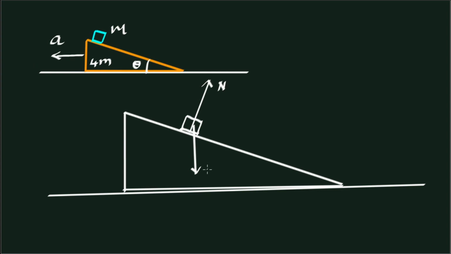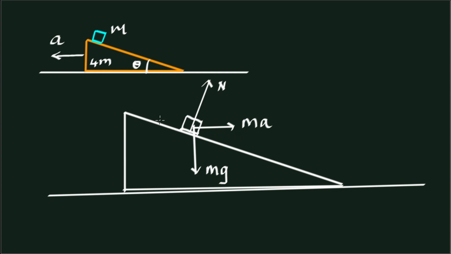So therefore, in this frame, apart from mg, we will see an extra gravitational field to the right, and the acceleration of that field is a. And so we have one more force acting on the block to the right, and its magnitude is ma. A is the acceleration of the wedge to the left. So in the wedge frame, there is a new gravitational field, ma.